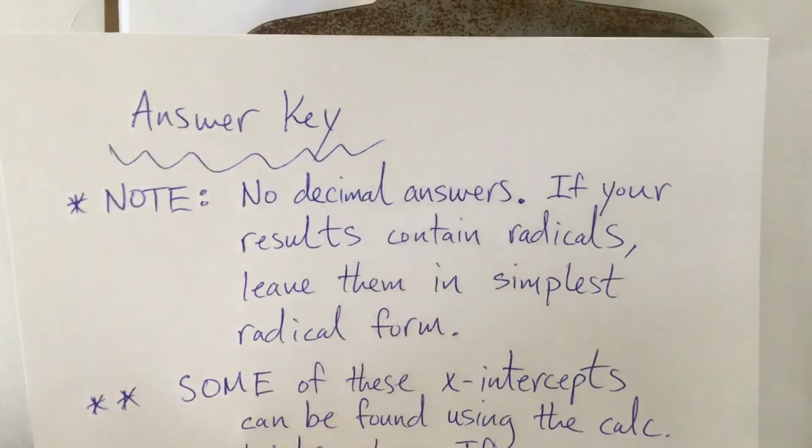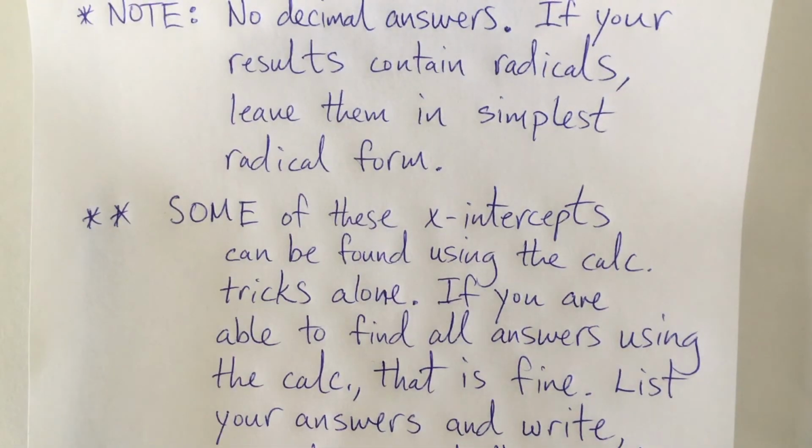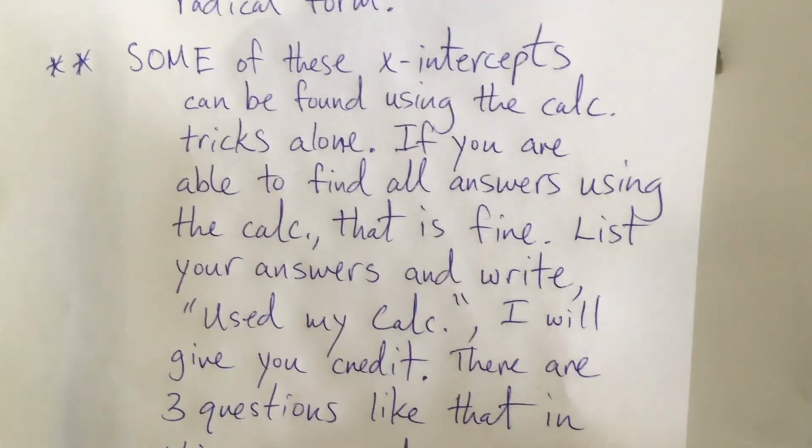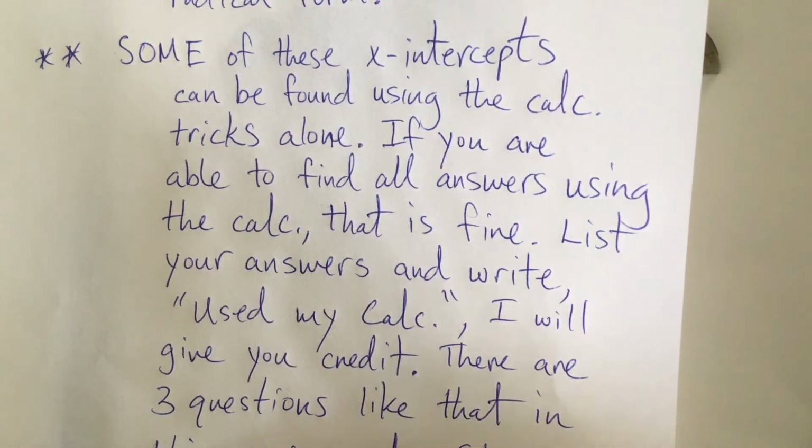Then, some of these x-intercepts can be found using the calculator tricks alone. You can solve some of these. If you're able to find all answers using the calculator, that's fine. List your answers and write, used my calc. Okay? I will give you credit for that.